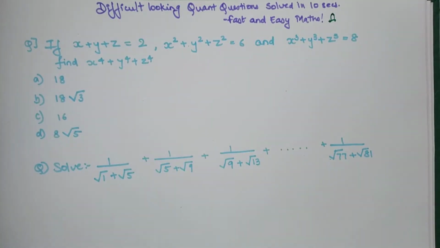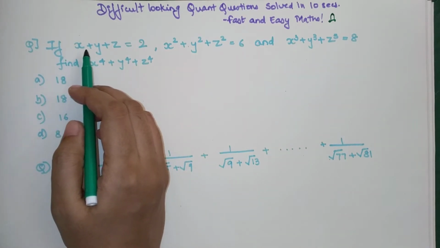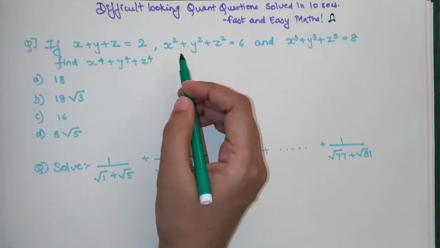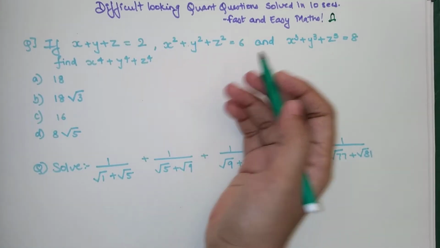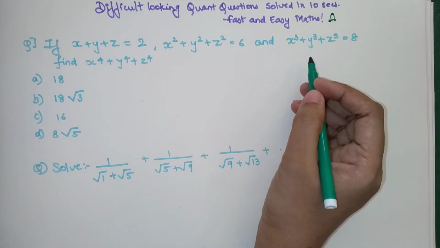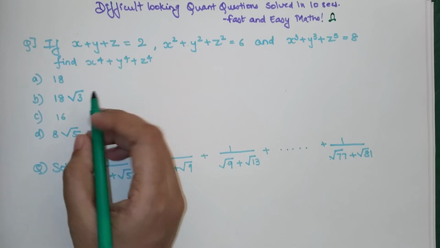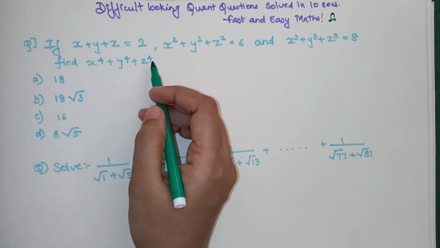Okay, so now let's talk about the first question: if x plus y plus z is equal to 2, and x square plus y square plus z square is equal to 6, and x cube plus y cube plus z cube is equal to 8, you need to find the value of x raised to 4 plus y raised to 4 plus z raised to 4.